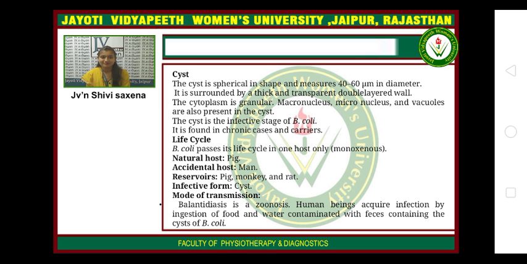Life cycle of B. coli. B. coli passes its life cycle in one host only, monogenetic. Natural host: pig. Accidental host: man. Reservoir hosts: pig, monkey, and rat. Infective form: cyst.